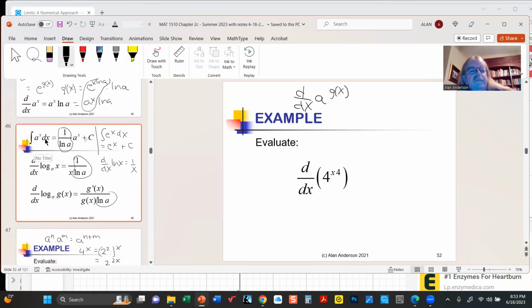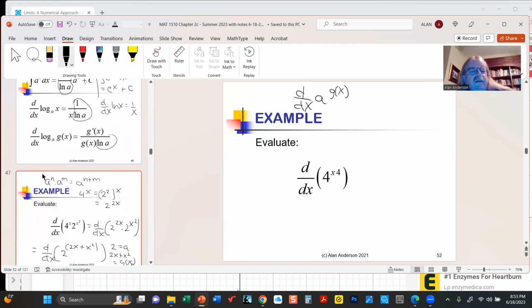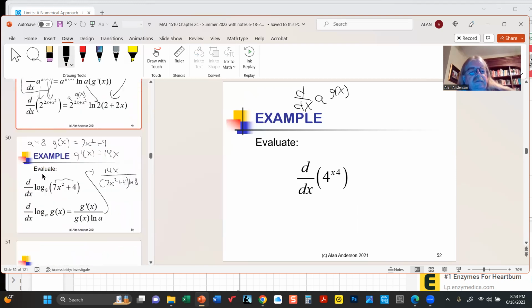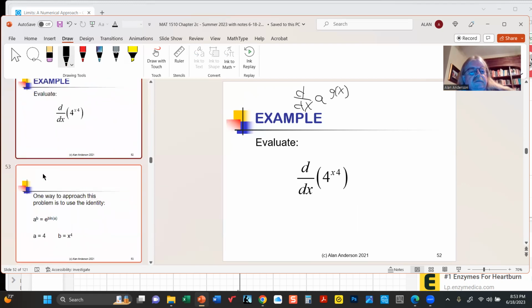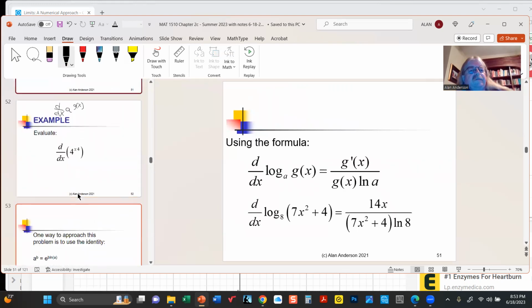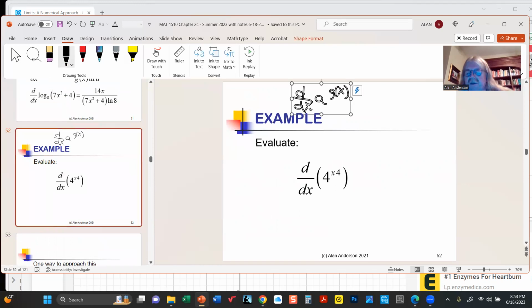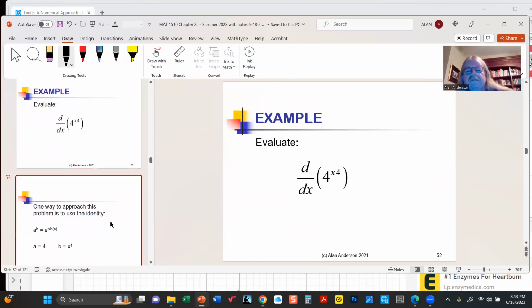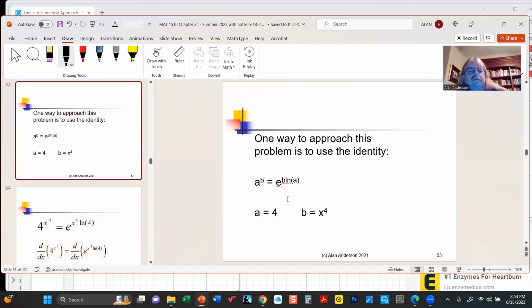Let's see. Ah, okay, so we don't actually have this rule. Instead, we're going to use special properties of logarithms. Yeah, that one.